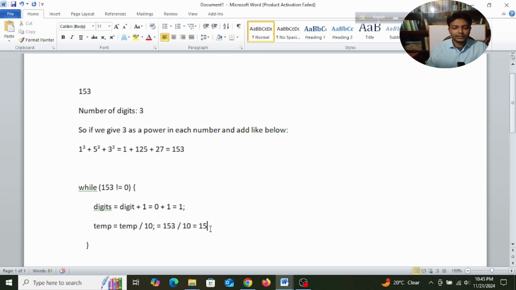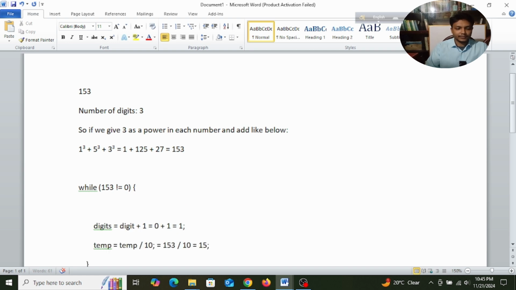We are not considering the remainder here. We are just considering the integer number we get as a result. The remainder is a different thing, you already know. So 153 divided by 10 equals 15, right? This was our first iteration.